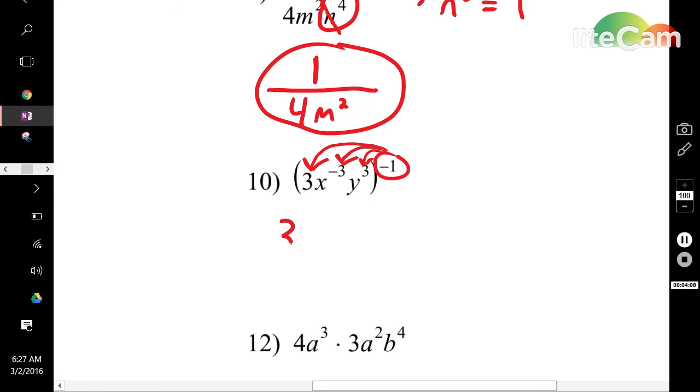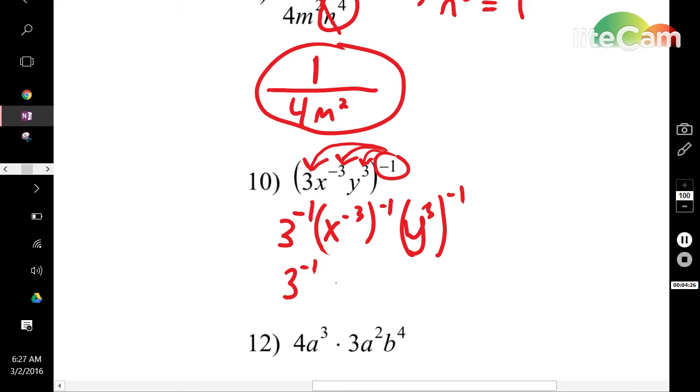So it's going to be 3 to the power of negative 1, x to the negative 3rd to the power of negative 1, and y to the 3rd to the power of negative 1. Power raised to a power means you're going to multiply. Negative 3 times a negative 1 is a positive 3. Positive 3 times a negative 1 for the power of y is a negative 3.